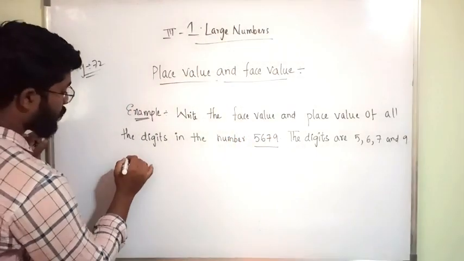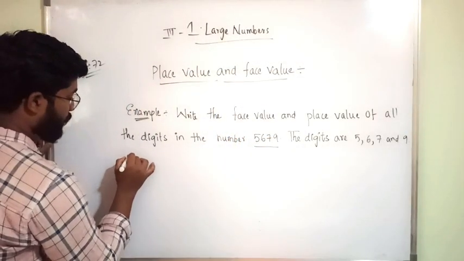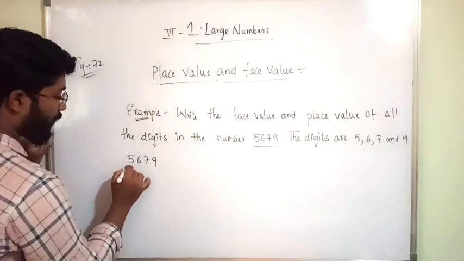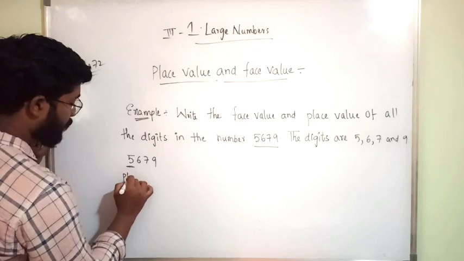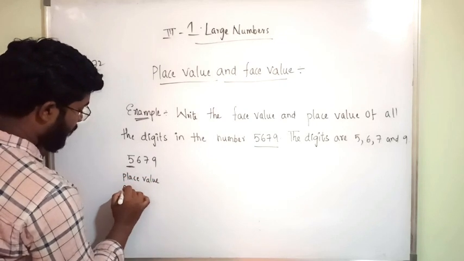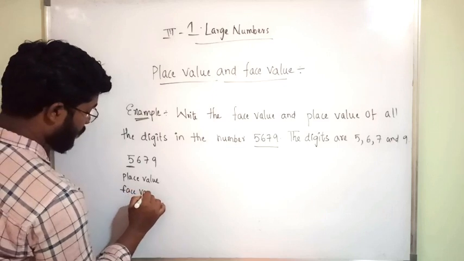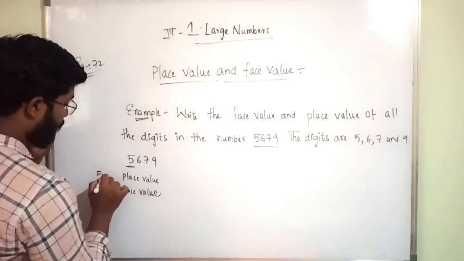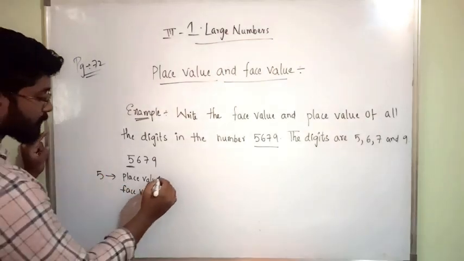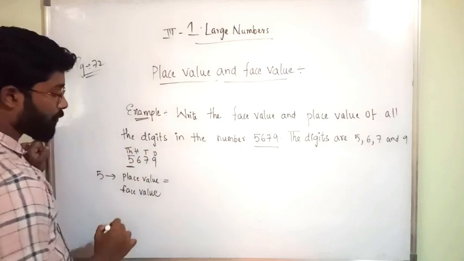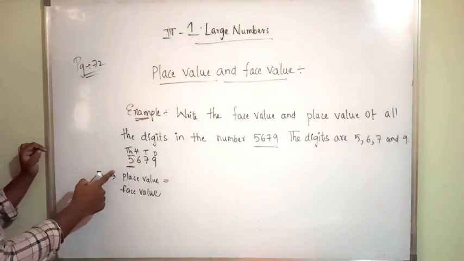So 5, 6, 7, 9, no? Let us start from 5. Place value, face value. For 5, place value and face value. Place value is how much? Ones, tens, hundreds, thousands, no? 5 is in which place?